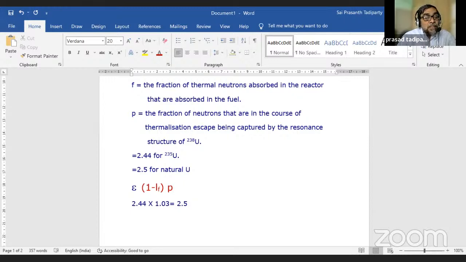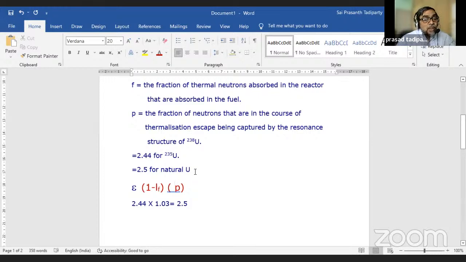If the fraction lost through resonance capture is equal to 1 minus P, the number of slow neutrons escaping resonance capture will become P. So at this stage, epsilon nu 1 minus LF into P slow neutrons are available for the next stage.